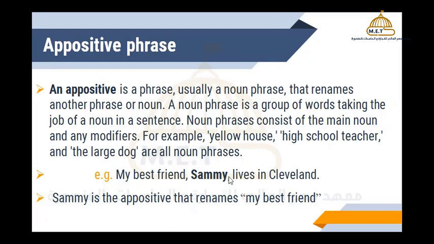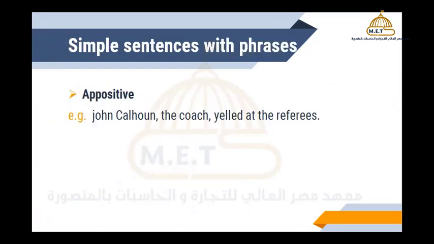Sammy here is between two commas, which is the appositive which renames my best friend. Let's have diagramming on it. John Collins, the coach, yelled at the referees. So John Collins is the subject, the coach is the appositive, and yelled is the verb.